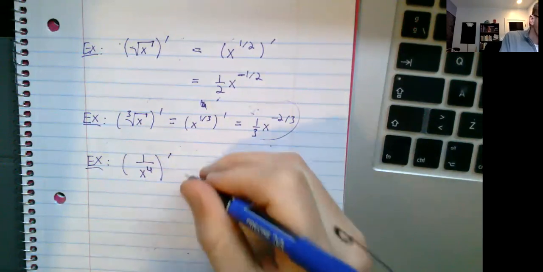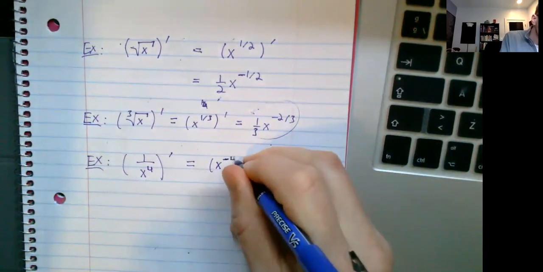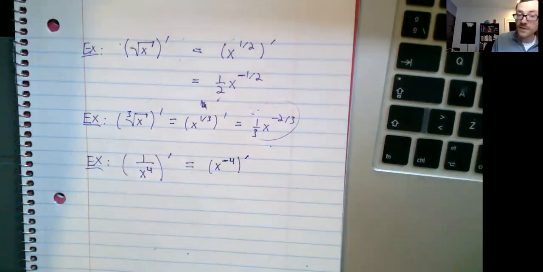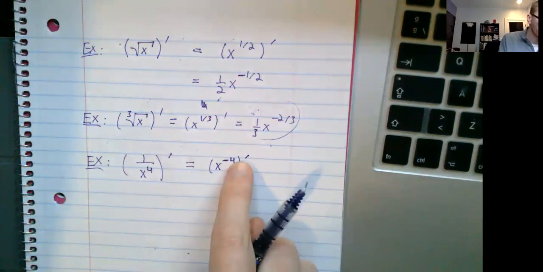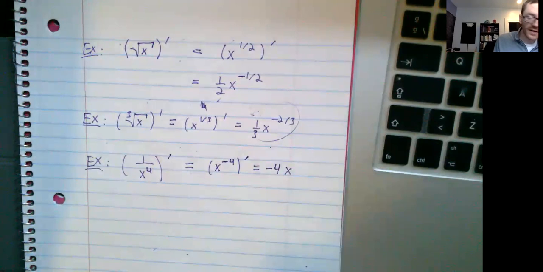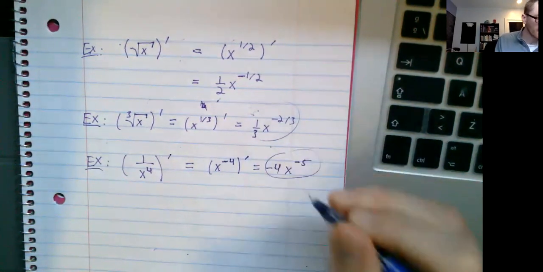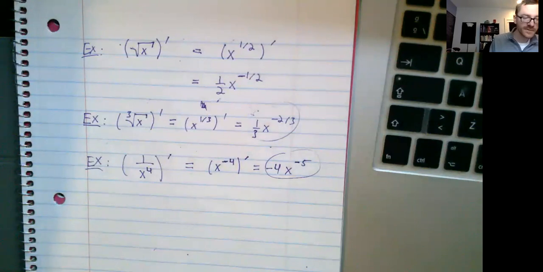But what you can do is say, well, 1 over x to the 4th is the same thing as x to the negative 4. And then I can use the power rule, right? The power rule says that the negative 4 comes down, and I subtract 1 from the exponent. That gives me negative 5. So that's the derivative of that function, right?